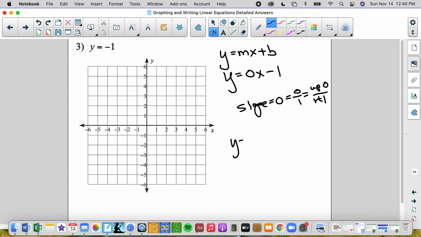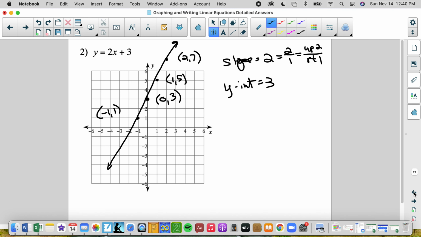We have a y-intercept of -1. So it's going to cross the y-axis at -1, and then we go up 0, right 1, up 0, right 1. And this is also what we would expect.